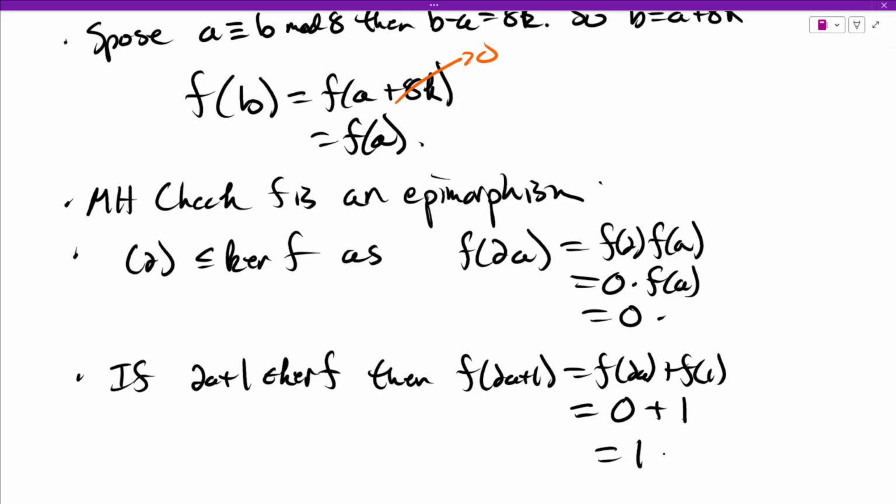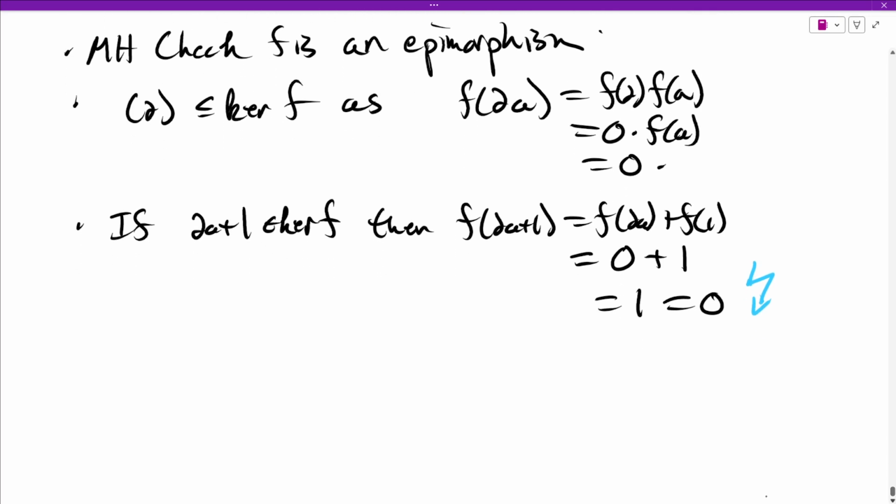But it's in the kernel, so 1 should be equal to 0, and that's a contradiction. So this is saying that the kernel of f contains only even elements. It cannot contain an odd element. So in particular, the kernel of f is exactly the ideal generated by 2.